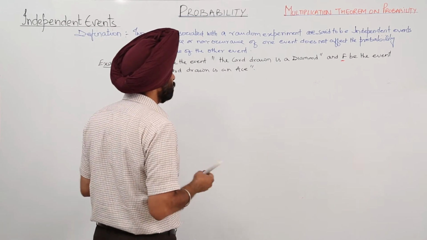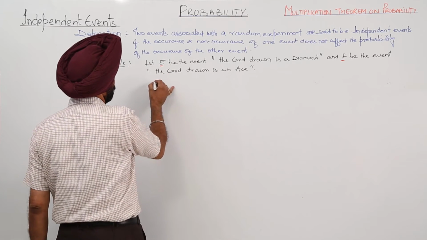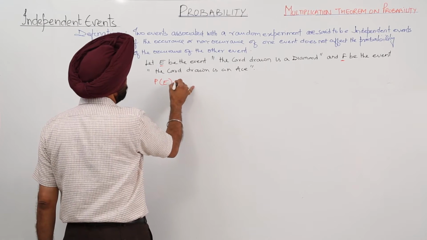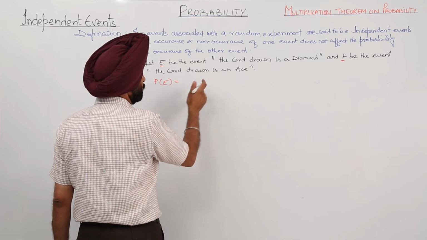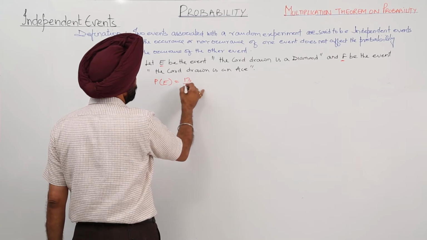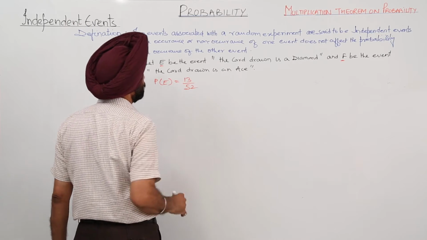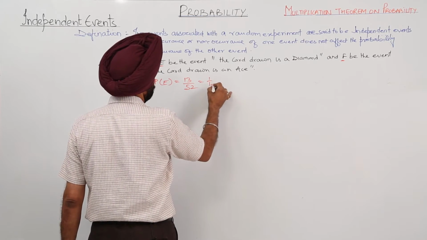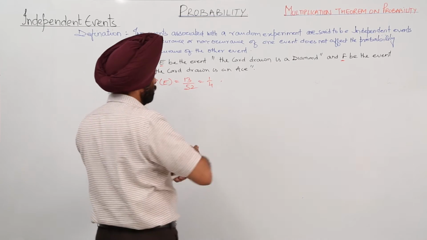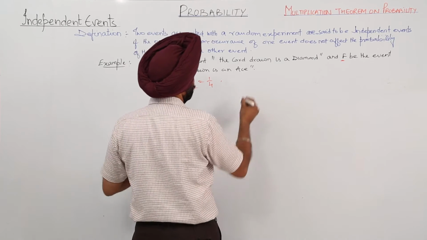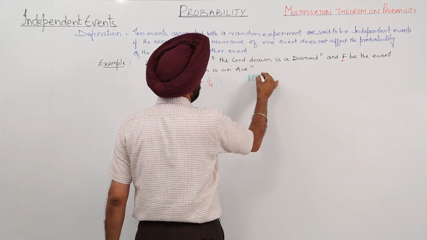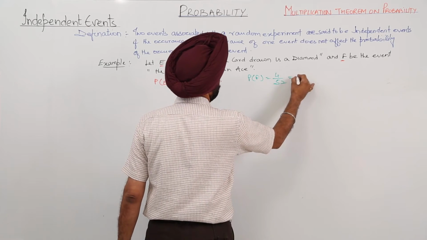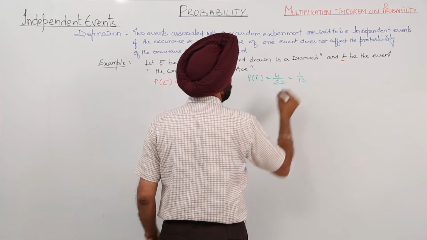Now the probability for event E, that the card drawn is a diamond: total cards are 52 and 13 are diamond cards, so the probability becomes 1 by 4. And the probability for F, with 4 ace cards, becomes 1 upon 13.